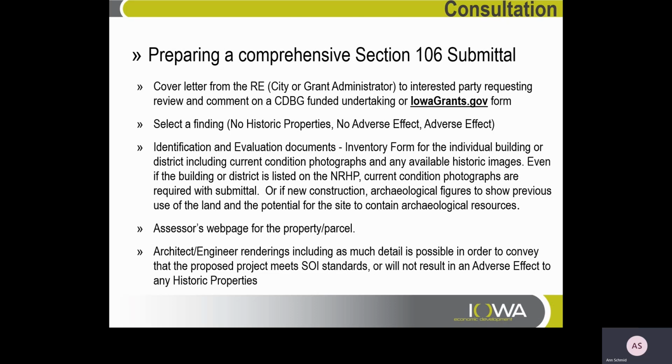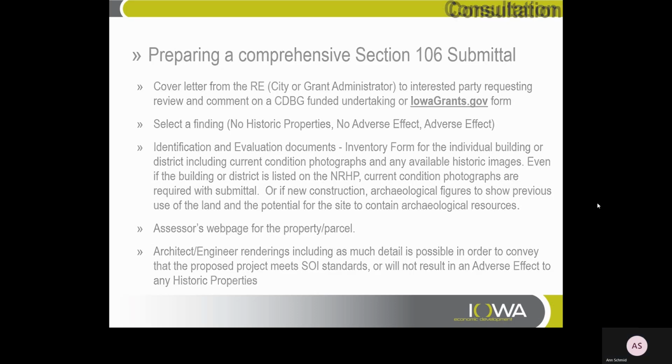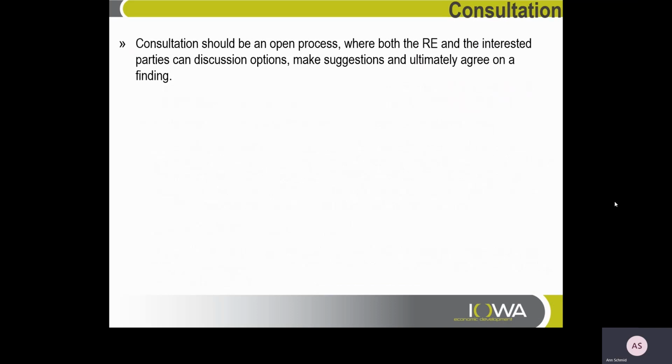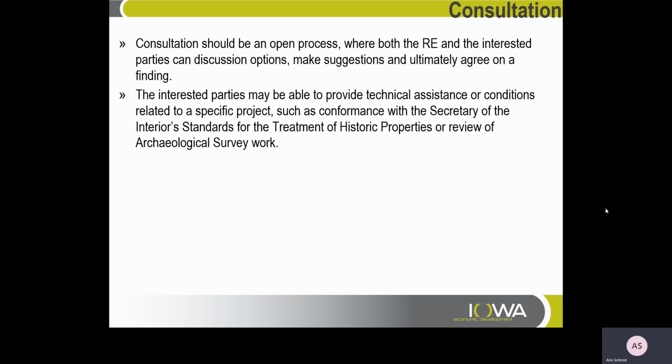It's important that all interested parties, including the tribes, have the same level of information and are treated consistently in consultation. Consultation should be an open process where both the responsible entity and the interested parties can discuss options, make suggestions, and ultimately agree on a finding.